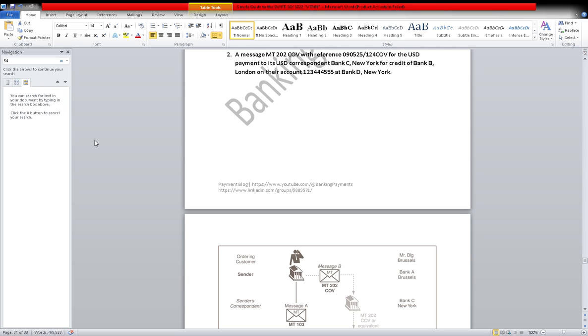Most of the time, the announcement is created and sent before the cover. We have discussed that the announcement is sent before the cover, but it is theoretically possible to do the opposite. On the receiving side, the announcement always reaches the creditor bank before the cover. Okay, that's correct: receiver first.